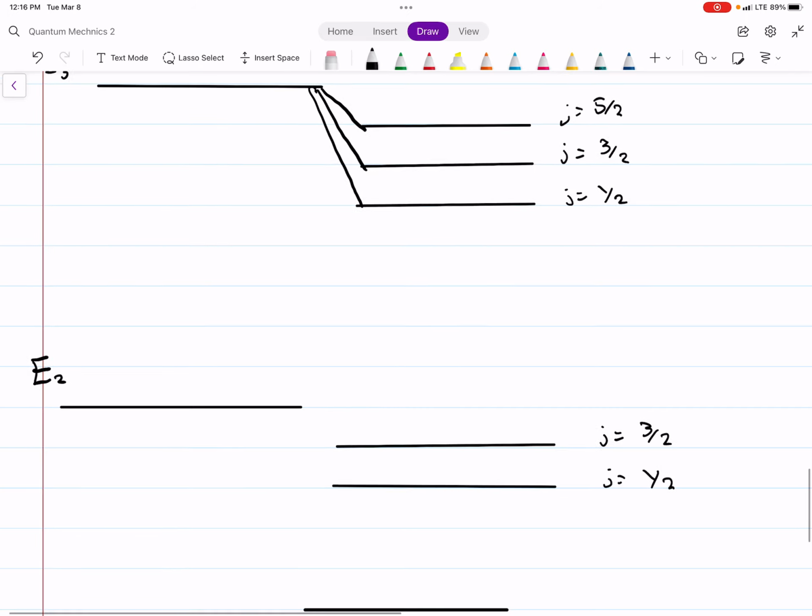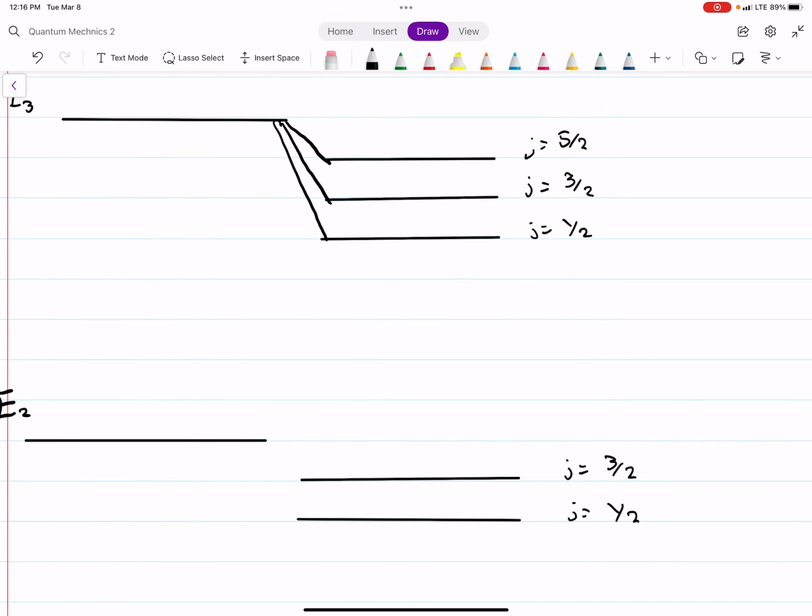And then if we want the energy levels going from 3 to 2, let's get an arrow. You could go from 1/2 to 1/2. That's a possibility. You could go from 3/2 to 1/2. That's another way to get there. Or just 5/2 to 1/2. Either way, you're going from the E equals 3 energy level to the E equals 2.